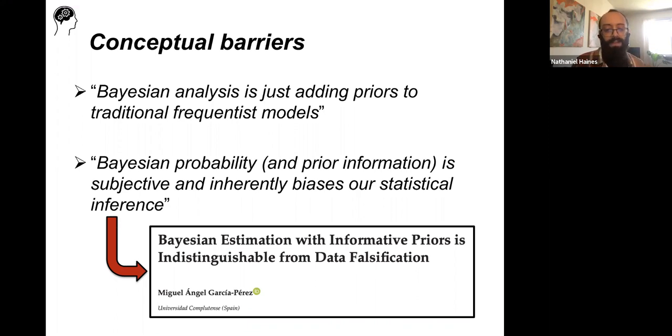Having really strong prior information that you might put into a Bayesian analysis can have a similar effect as making up data. But again, I think it limits how we think about Bayesian modeling in general. And so I hope that going through the example today, I can touch on some of these conceptual barriers and show that there's a little more to it than that.